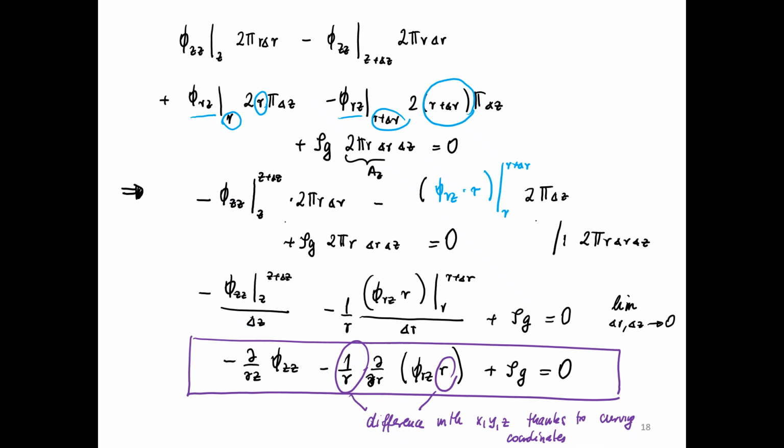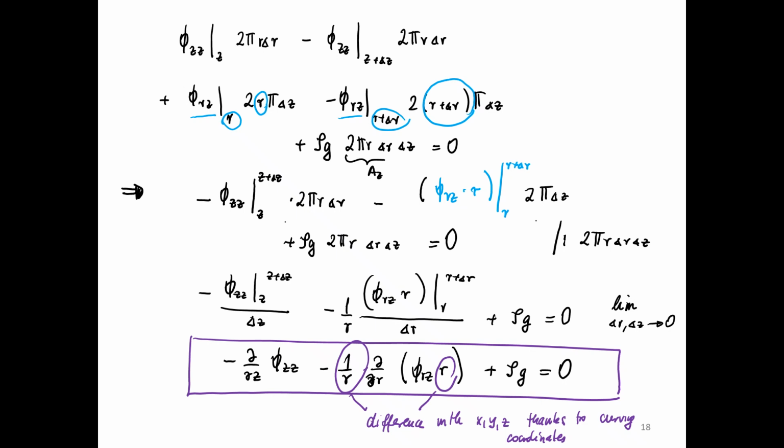Phi RZ is divided by area, and that area gets larger as I go away from the center, so phi RZ gets smaller and smaller away from the center, and what's conserved is R times phi RZ. Yes? That's because of the changing areas. In a Cartesian coordinate system, I don't have changing areas, so the equation will look slightly different.